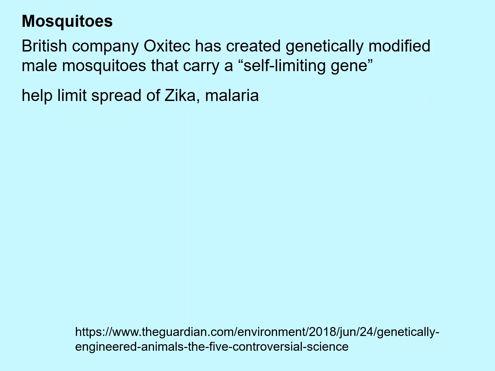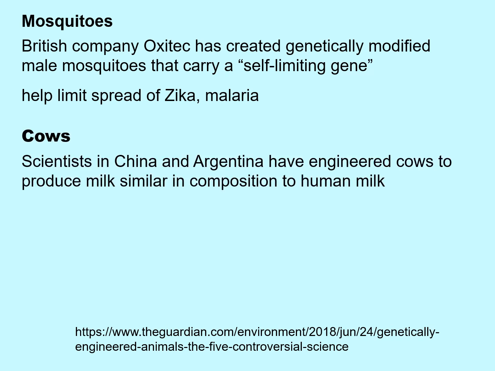A British company has created genetically modified male mosquitoes that carry a self-limiting gene, and the purpose is to help limit the spread of Zika and malaria. So it's a wonderful purpose, but there is worry about what long-term effect this is going to have on the environment. Cows. Scientists in China and Argentina have engineered cows to produce milk similar in composition to human milk.